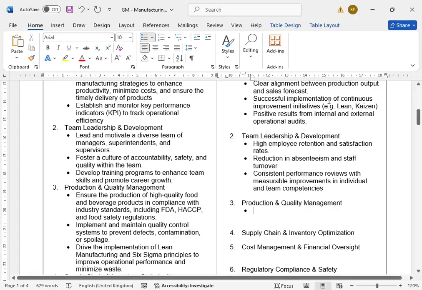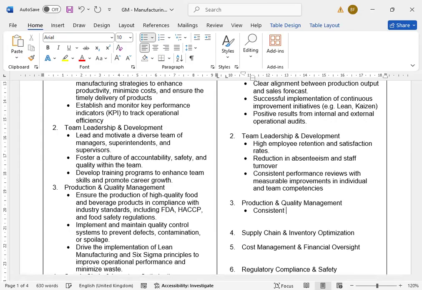Okay, what would be for the production and quality management? Again, consistent compliance with FDA. What is FDA again? Food and Drug Administration. And HACCP. What else?